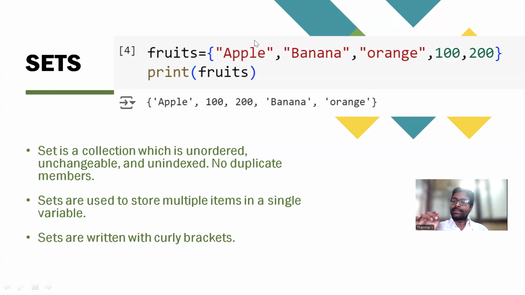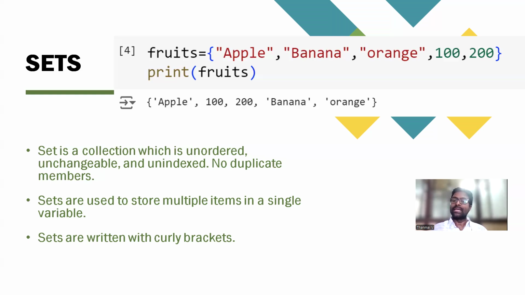The elements of a set need not be the same data type. What I mean to say is the elements in a set may be a string type, or an integer type, or a floating type, or a boolean type.